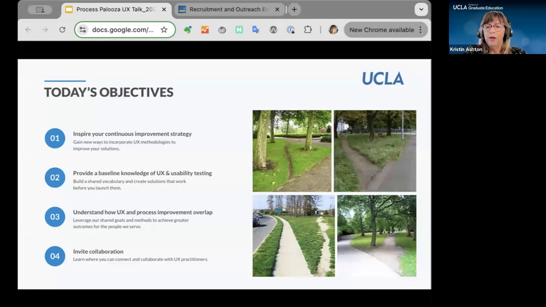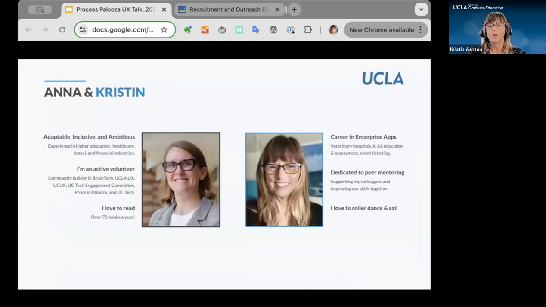We want to show you where UX methods and process improvement overlap specifically. And then we want to teach you about a foundational UX tool called usability testing, which many of you may already know about, or at least have heard of. And finally, we hope that you will connect and consider reaching out and collaborating with UX practitioners.